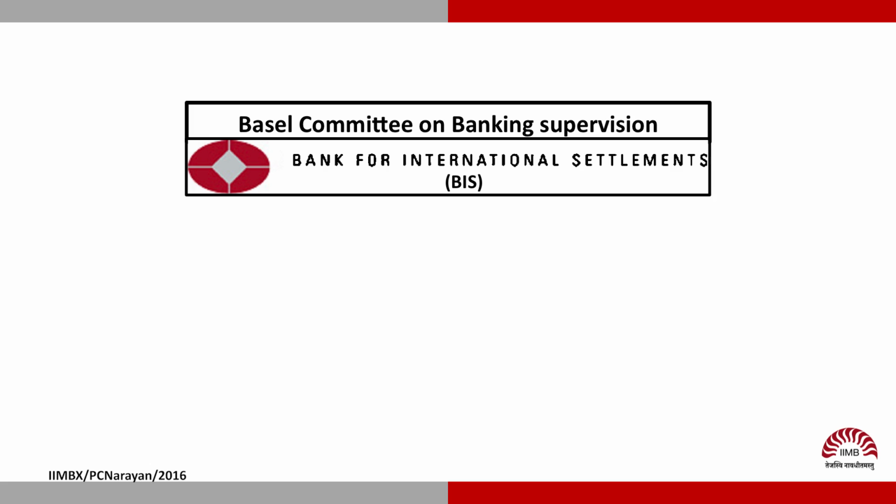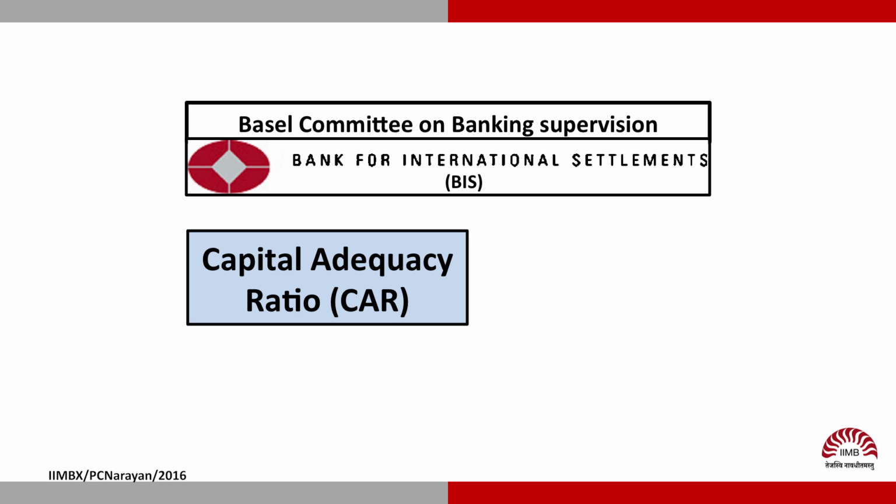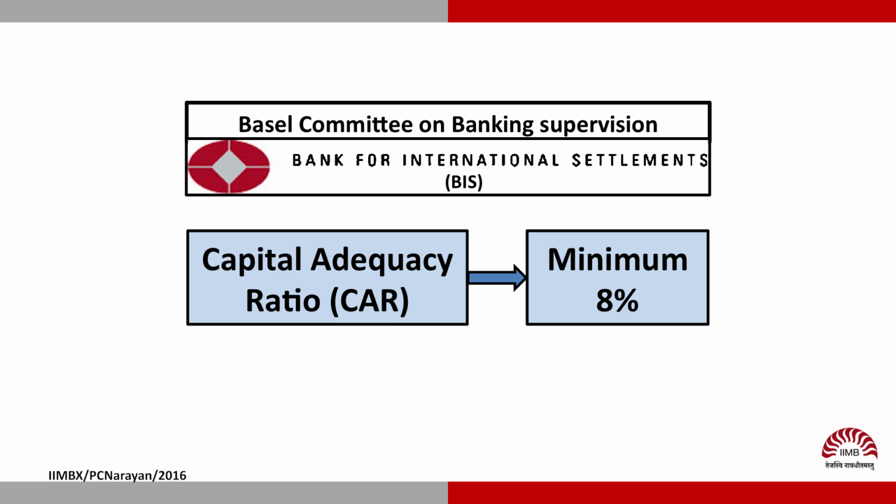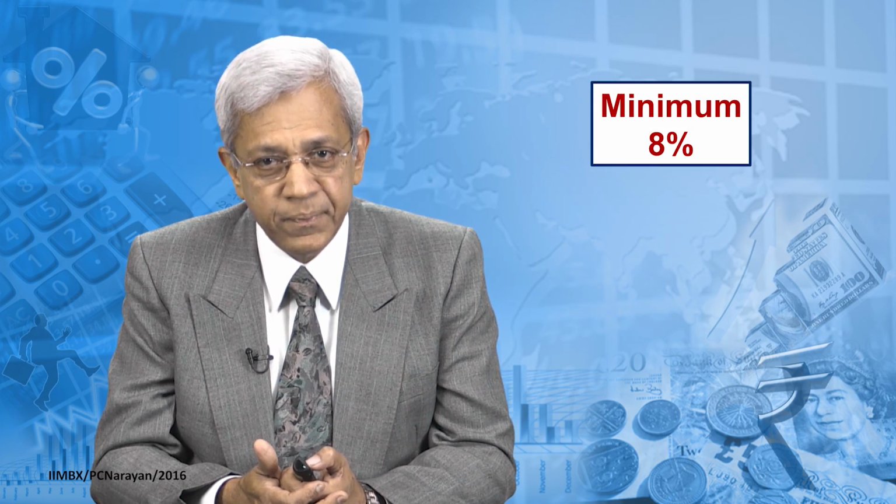The Basel Committee on Banking Supervision has recommended a minimum capital adequacy ratio of 8%. However, that could be greater than 8% and vary from country to country depending on the directives issued by the central bank of each country. But it cannot, under any circumstance, be below 8%.